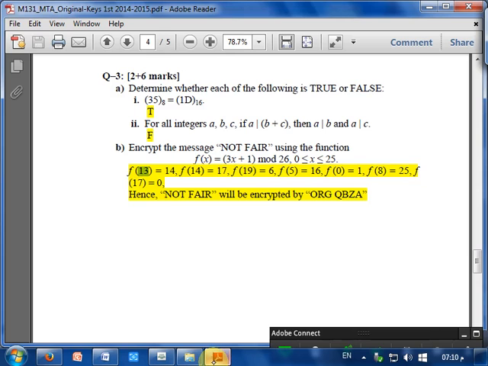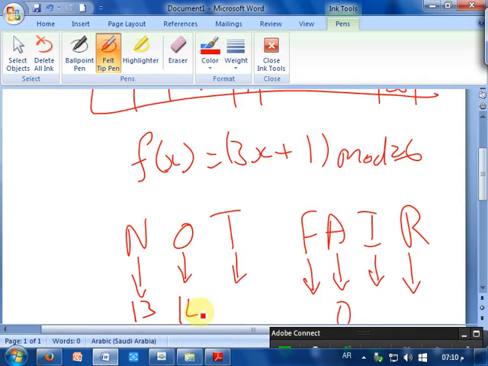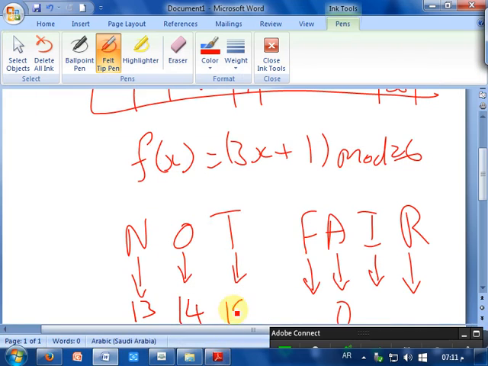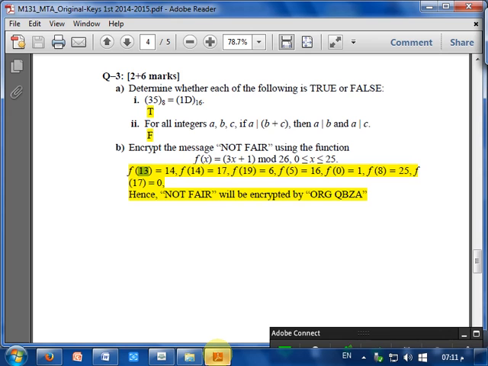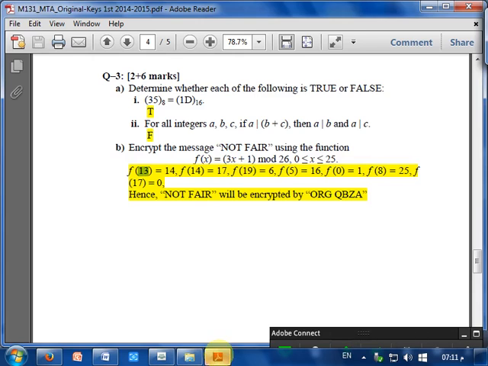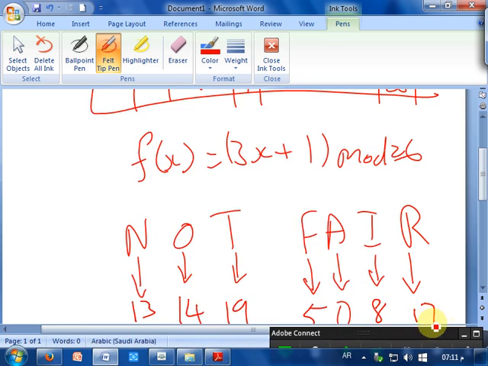For O it is 14. T is 19. F is 5. I is 8. And R is 17.